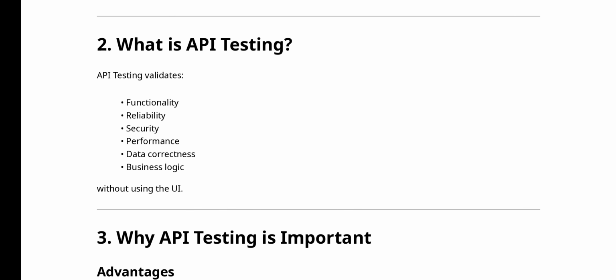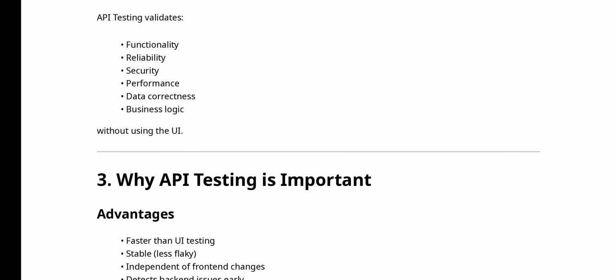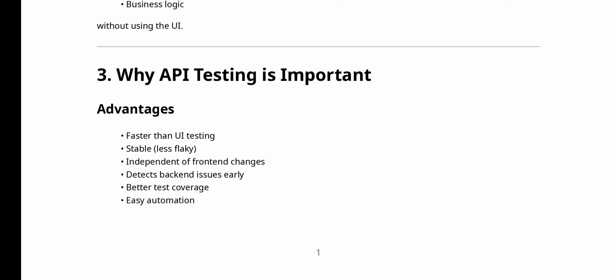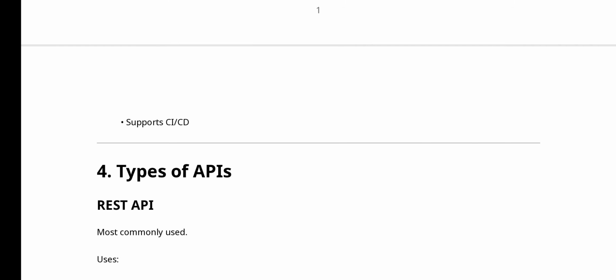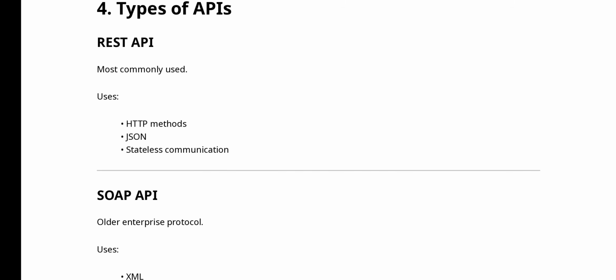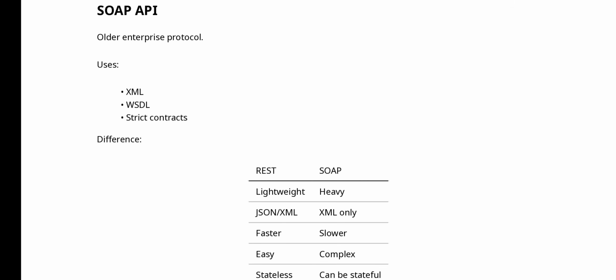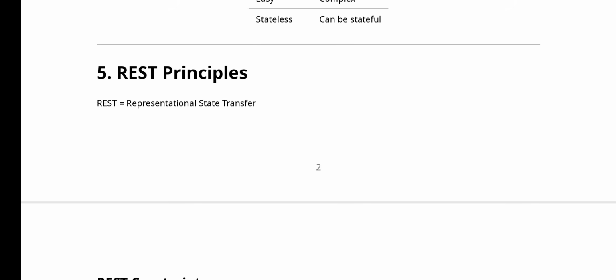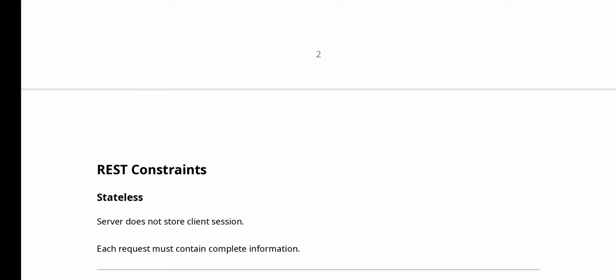Next, we have talked about what is API testing, and why API testing is important. We have talked about the types of APIs and the REST principles to be followed.